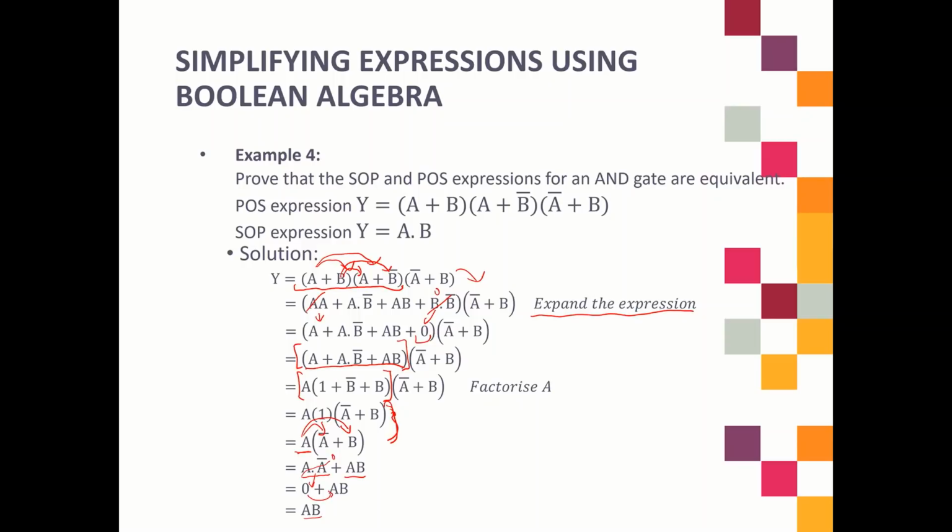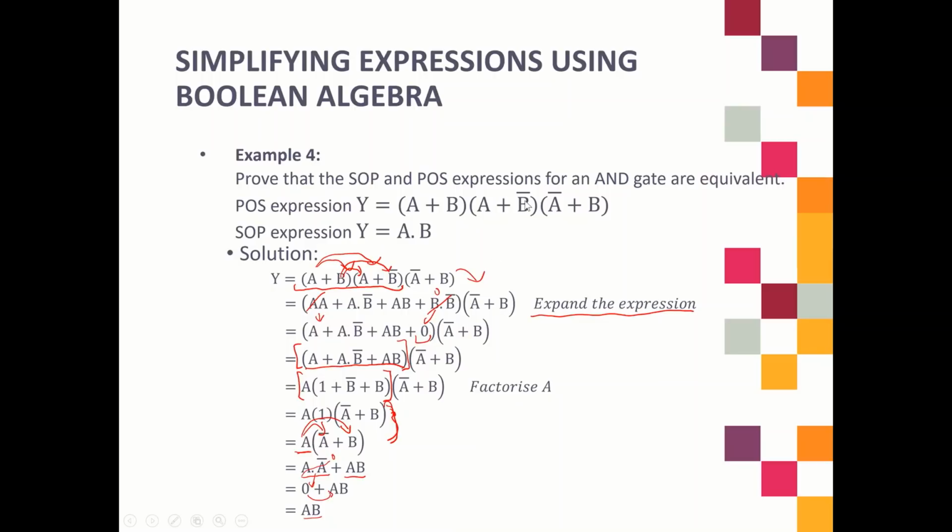For a POS expression, you need to start with expanding the expressions. You can choose which terms you want to expand. Because here you have three sum terms, you can choose any two to expand.